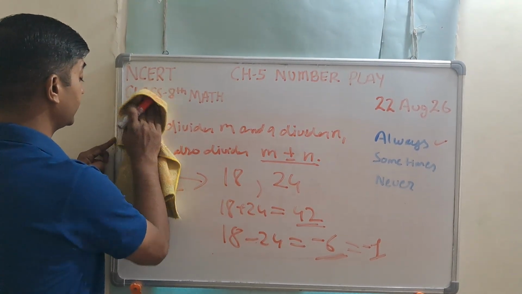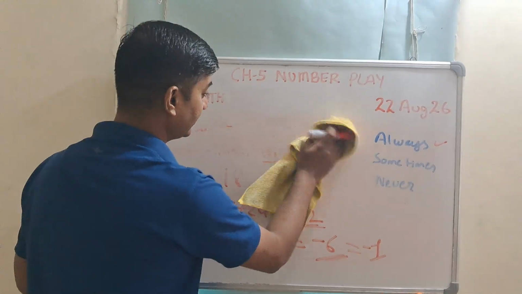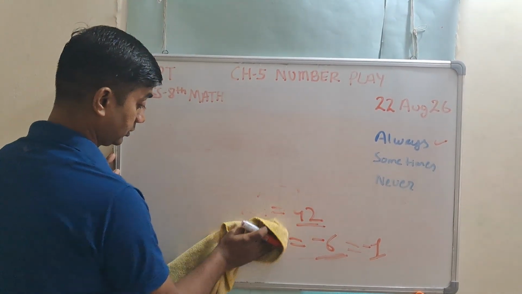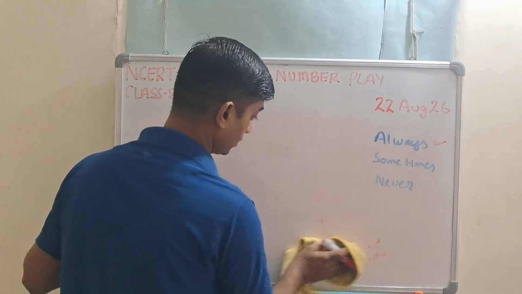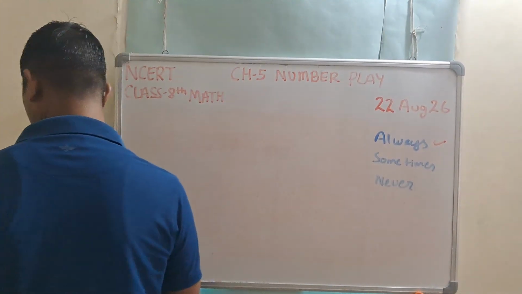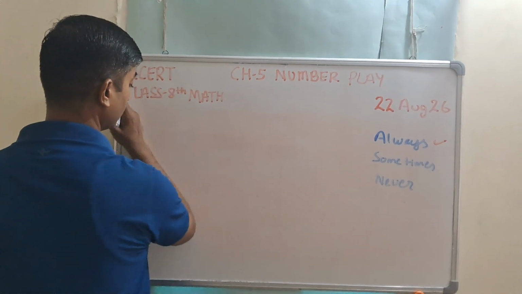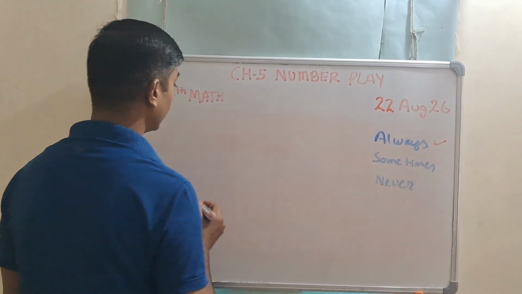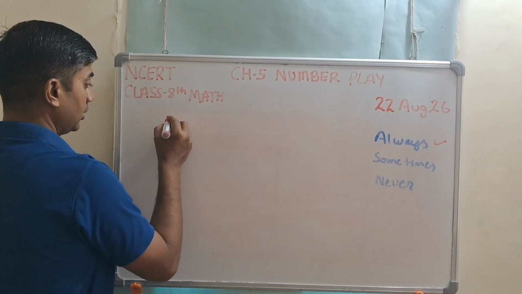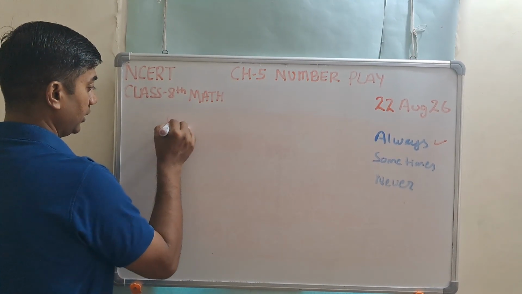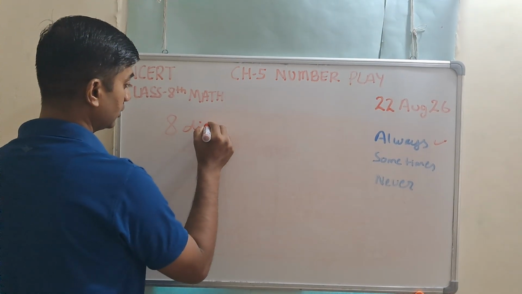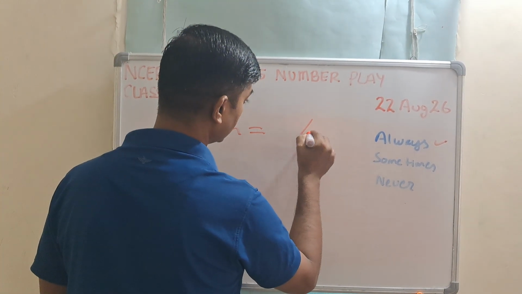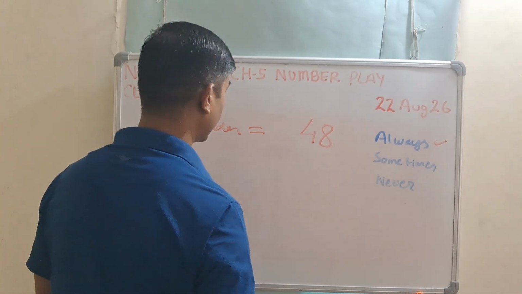Now we will see the next statement and its example. Now see, 8 divides 48.